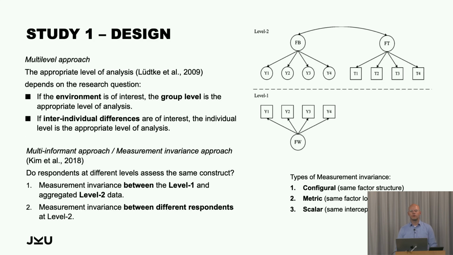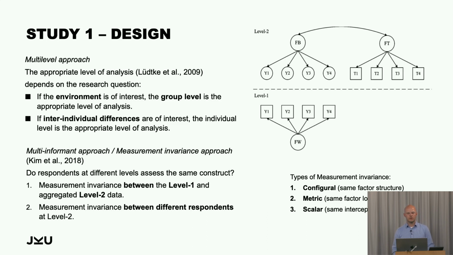With regard to the design and the analytical approach of the study, we focused, as mentioned in the introduction, on the multi-level structure, but also on measurement invariance between the two informant groups and between the two levels. Regarding the multi-level approach, one relevant question is the appropriate level of analysis.